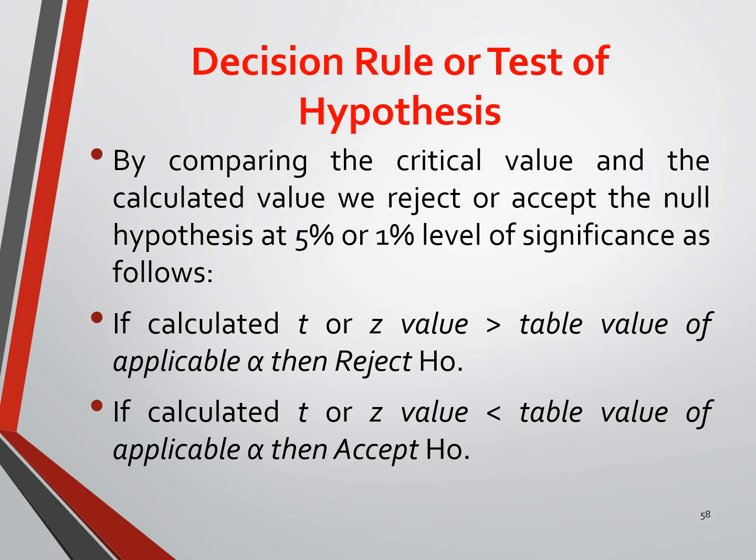So, if the calculated value of T or Z is greater than the table value, then you reject the null hypothesis. If the calculated value is less, then you accept the null hypothesis. This is the important point.